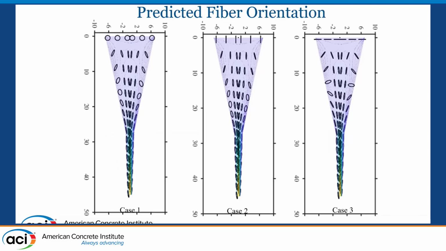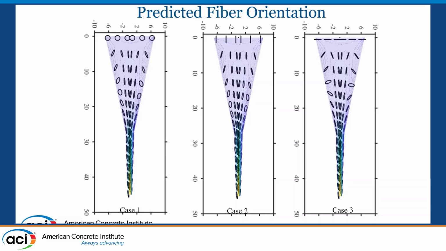So this is just an example of fiber orientation prediction. We start with the first case, where I have assumed the fiber orientation state is purely random when I'm pouring it. That's why you see a circle. That means equal probability in all directions in a 2D model. As you go along the flow, you see it getting oriented gradually along the flow direction.